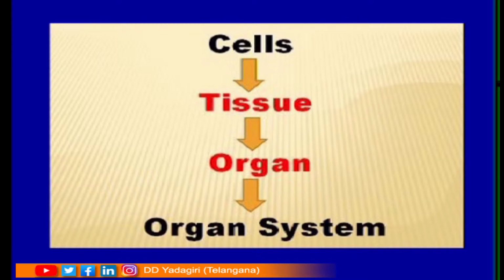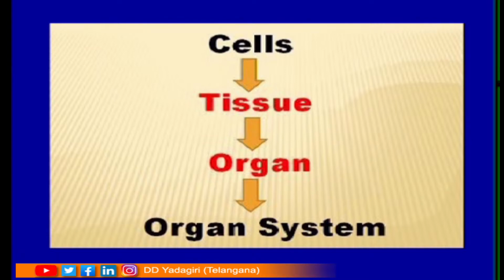Here you see a group of similar cells joining together to form tissues. Different types of tissues join together to form organs, and different organs are combined together to form an organ system, and so many organ systems together form an organism.